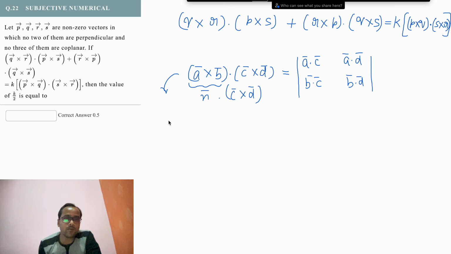So in the scalar triple product property, we can interchange dot and cross. So that would be (n cross C) dot D, I can write.